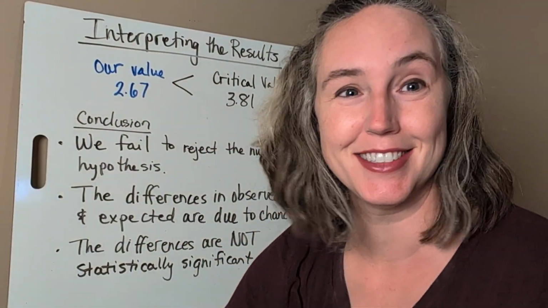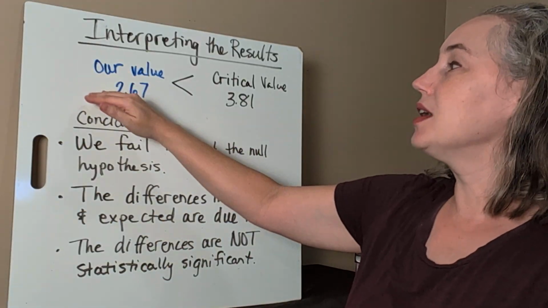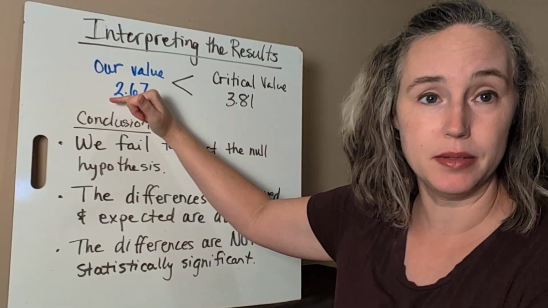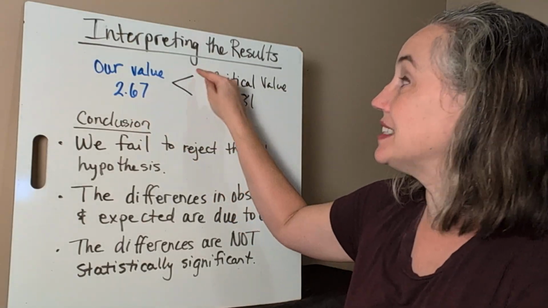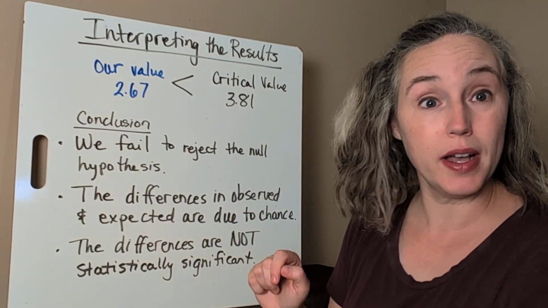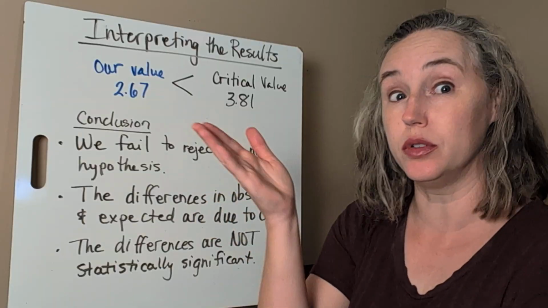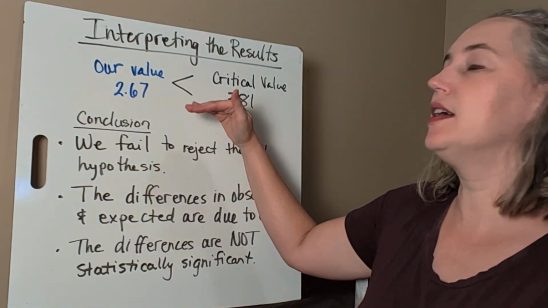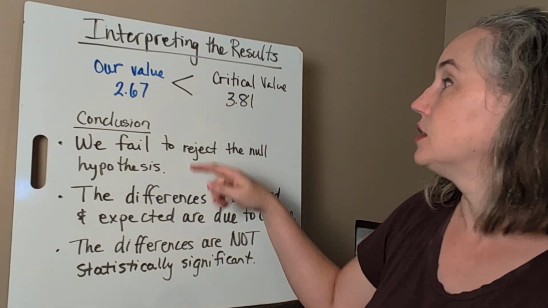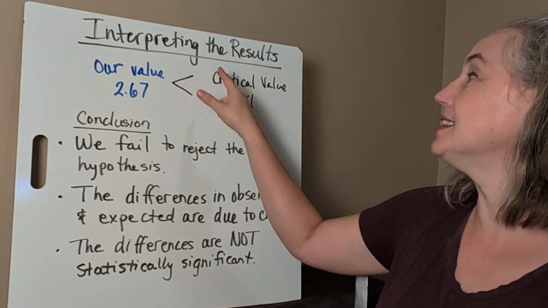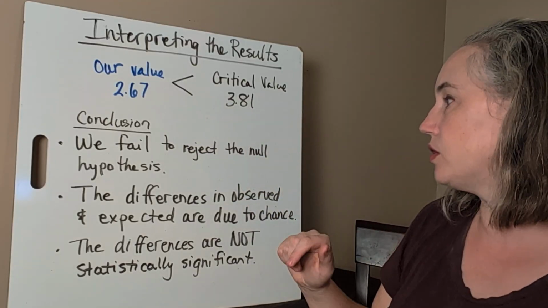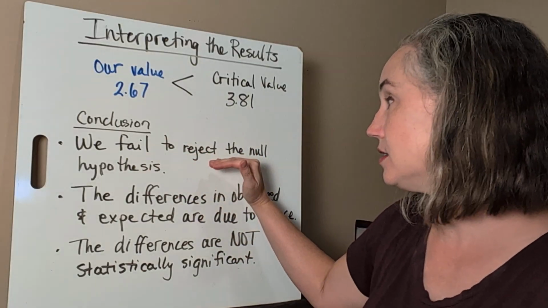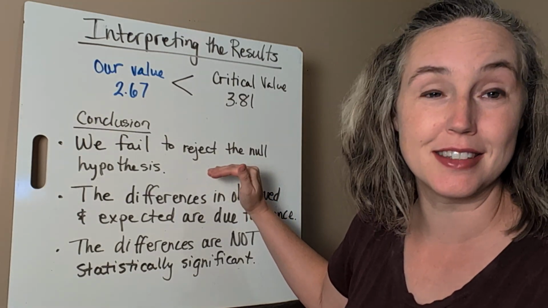So if our chi-square statistic is 2.67, that number is less than the critical value, the one we found using the chart, the data table, then we can make a conclusion. If our value is less than the critical value, we will fail to reject the null hypothesis.